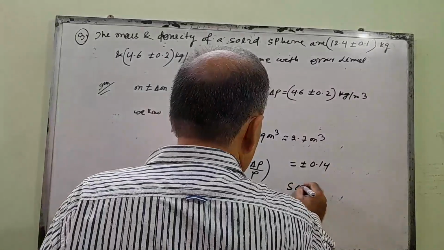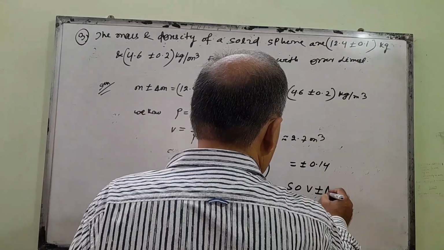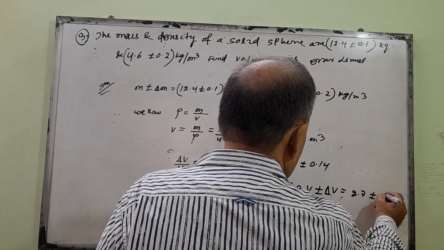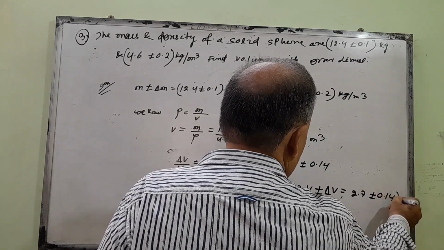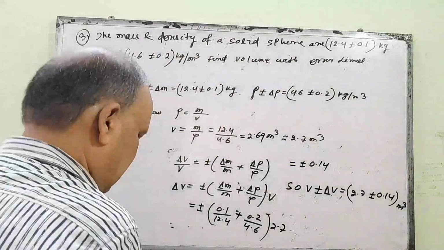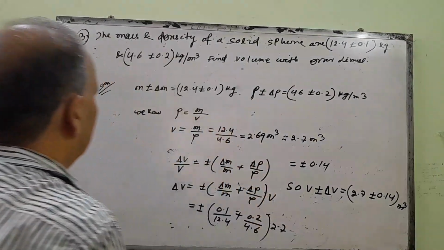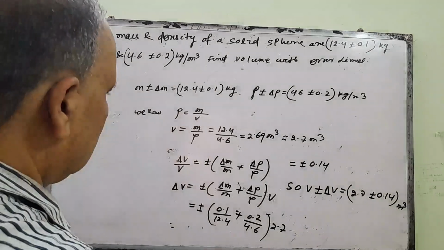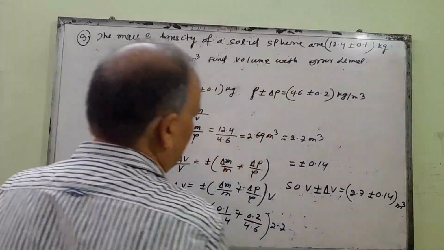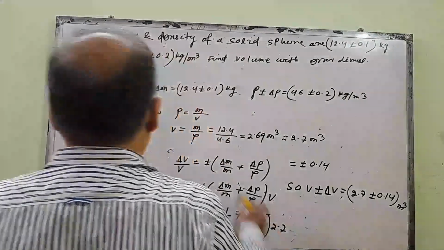So V plus minus delta V, that is your 2.7, this is your error limit, plus minus 0.14 meter cube. This is the third problem. Very easy. V plus minus delta V is equal to 2.7 plus minus 0.14 meter cube.